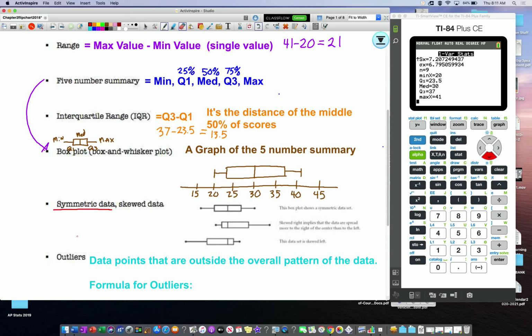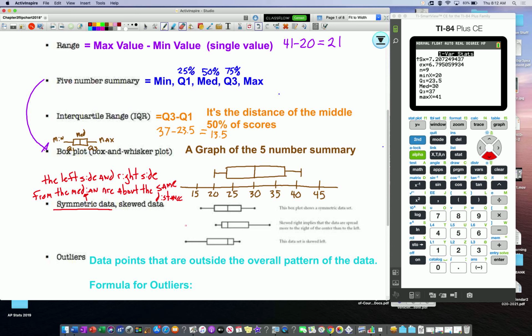When we talk about it being symmetric, basically the left side and right side from the median are about the same distance.